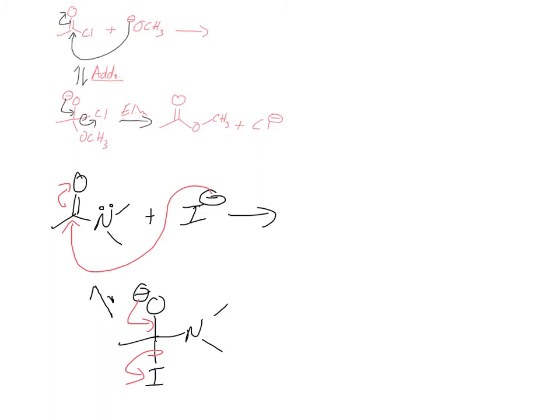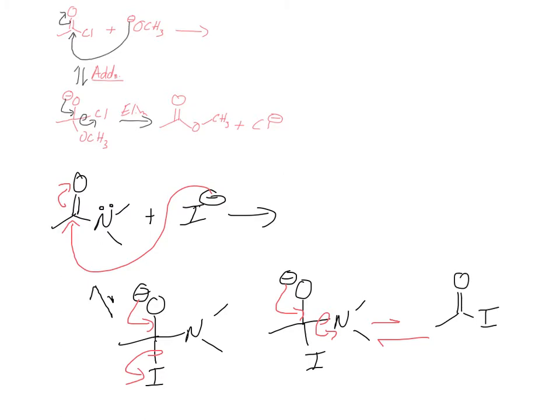If I redrew this, there'd only be a very, very small amount of this actually happening, where these electrons come down and we kick out what would essentially be N minus. That won't be very stable at all. And if anything, it's just going to react and go backwards again and essentially repeat the process. So it does matter how stable the nucleophile is and also how stable the leaving group is.